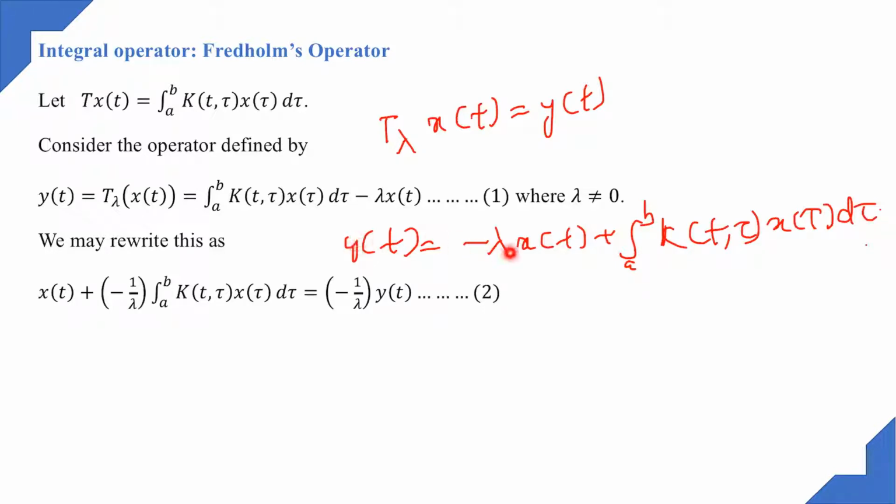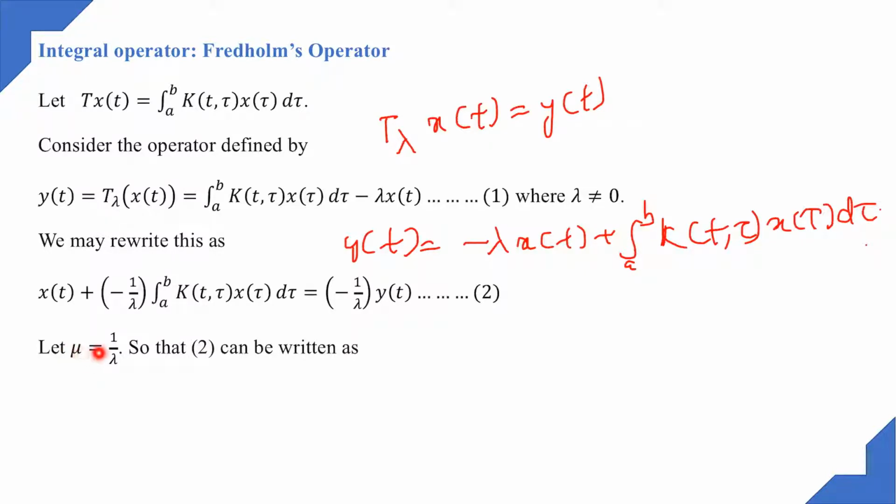Divide throughout by minus lambda. So we will get x(t) plus minus 1 by lambda times the integral from a to b of k(t, tau) x(tau) d tau is equal to minus 1 by lambda y(t).